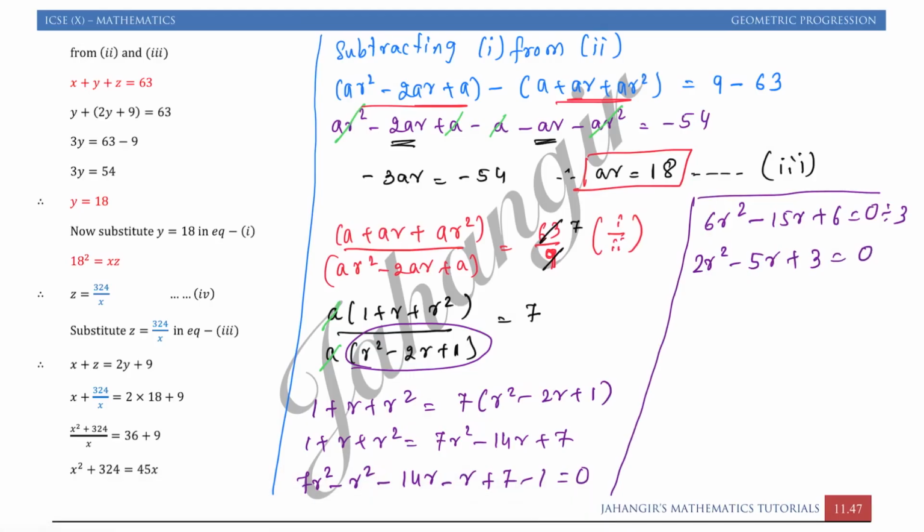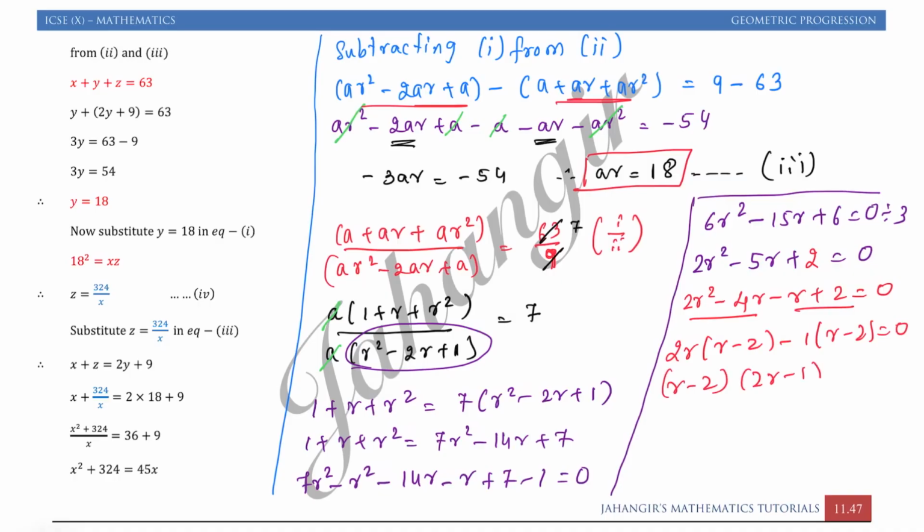Factorize the middle term. 2 2s are 4, so 4R minus R plus 2 is equal to 0. Take out common: 2R common, R minus 2 minus 1, R minus 2 equal to 0. So R minus 2 into 2R minus 1 is equal to 0. So R minus 2 equal to 0 or 2R minus 1 equal to 0. So R is equal to 2 or R is equal to 1 by 2.